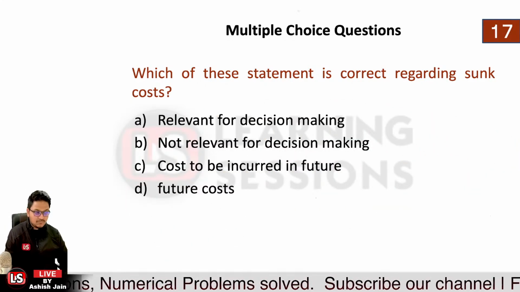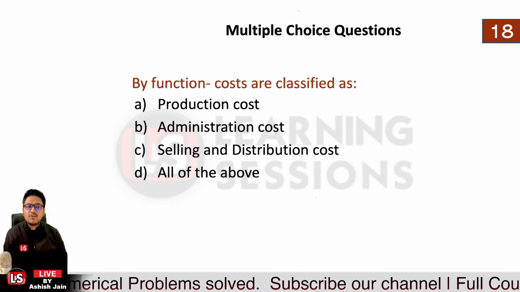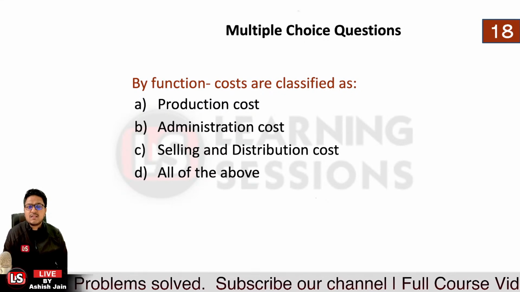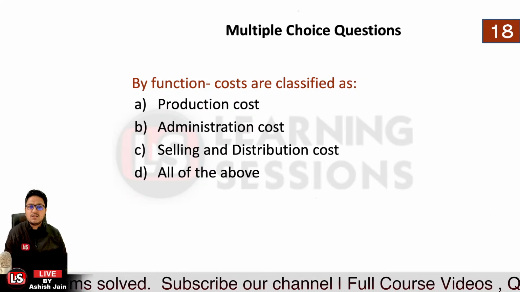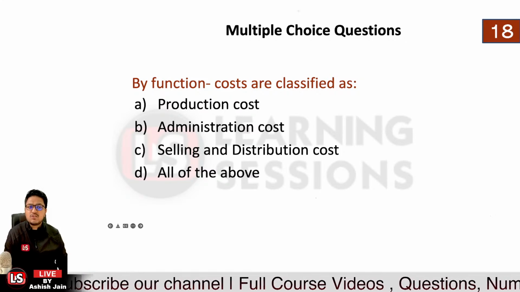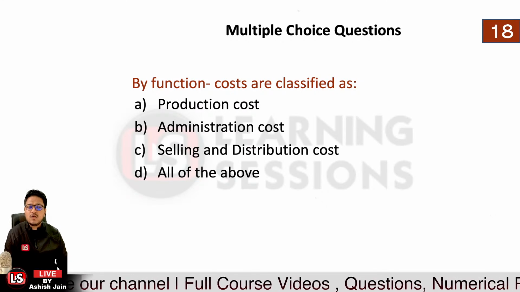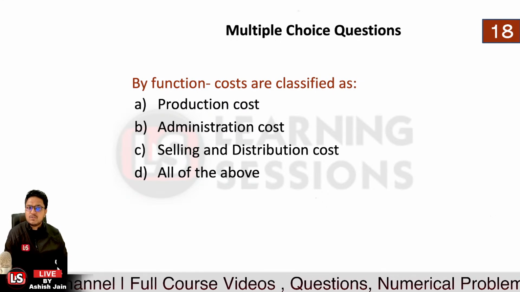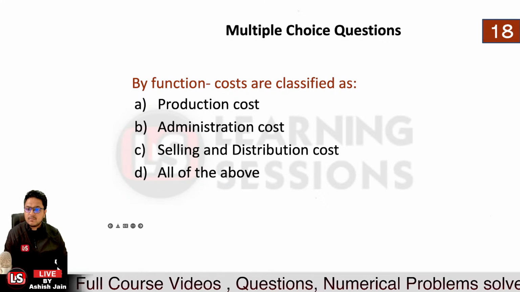Okay, next it says, by function, costs are classified as production cost, administration cost, selling and distribution cost, all of the above. Which of the following would be the right answer?